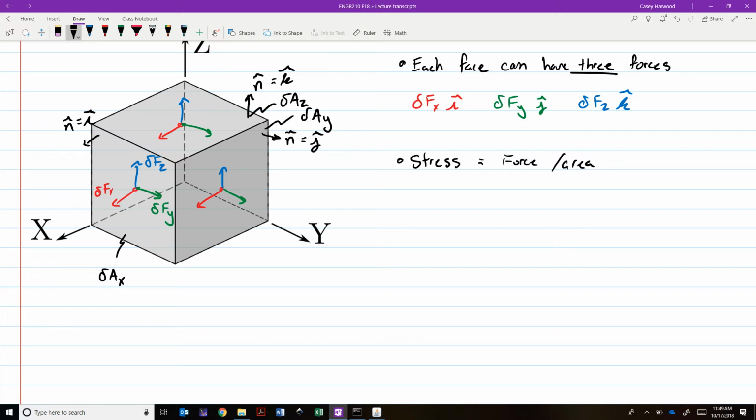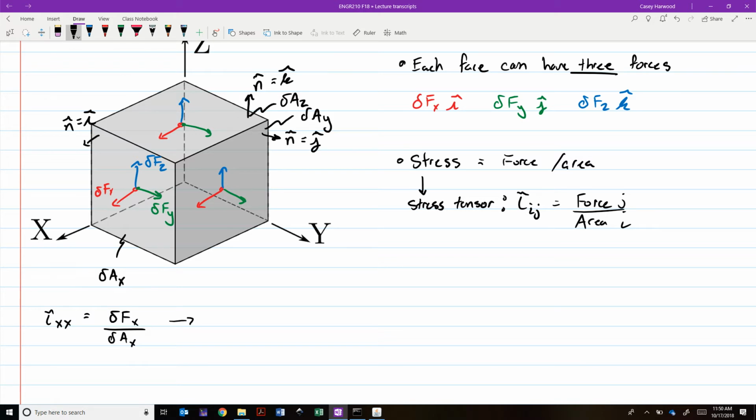So, using that information, the stress tensor is going to be defined as tau ij is equal to force j over area i. So we could write, for example, that tau xx is equal to delta Fx over delta Ax.